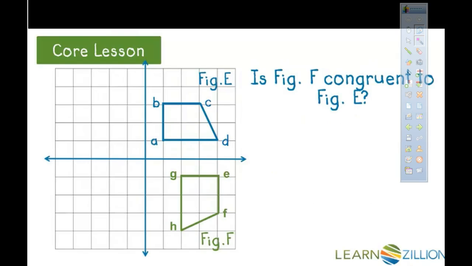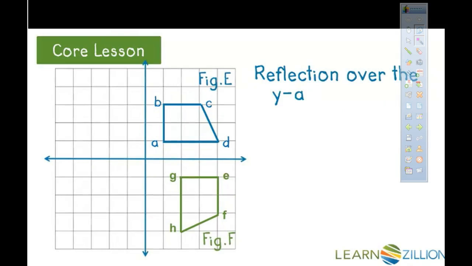Figure F congruent to figure E. Looking at the two figures, we can see that figure F is not the image of figure B after a single translation or a single reflection, and not after a single rotation around the origin. Can we demonstrate congruence through a sequence of transformations? We'll try reflecting over the y-axis first.